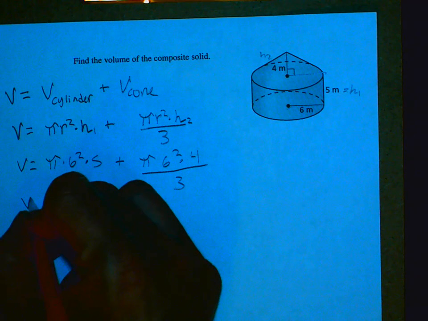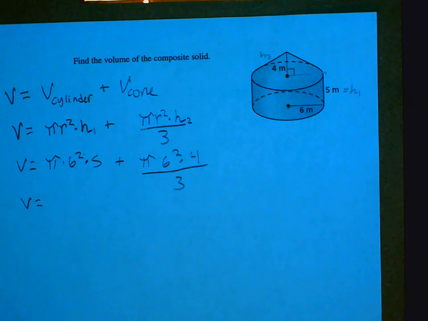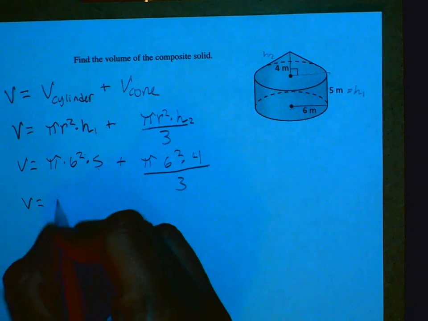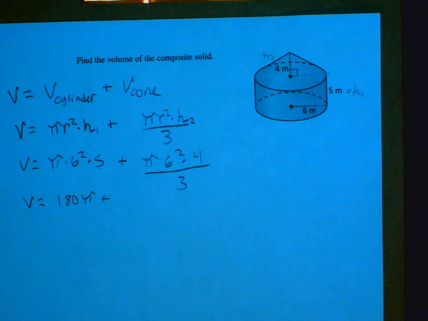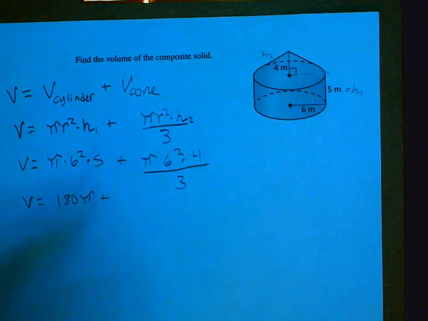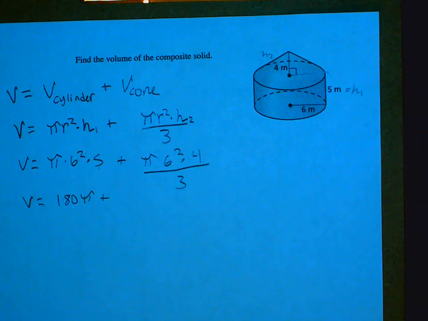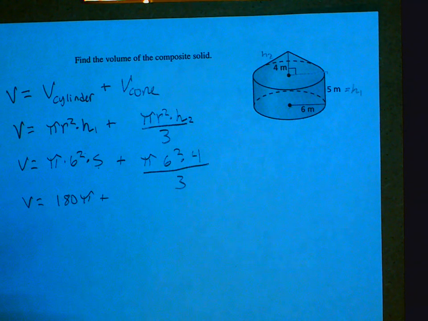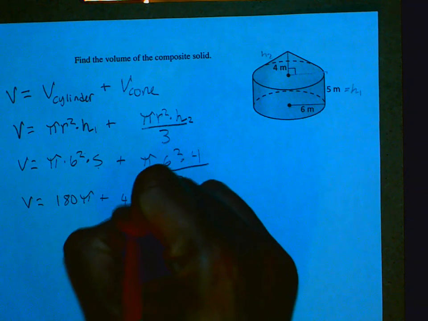So we need to simplify. 6 squared is 36, and 36 times 5 happens to be 180. We'll leave everything in terms of pi for now. 6 squared, that's 36. 36 multiplied by 4 gives me 144, then divided by 3. That gives me 48 pi.